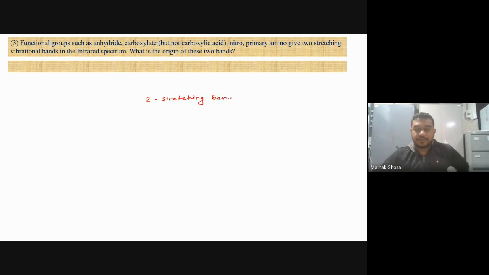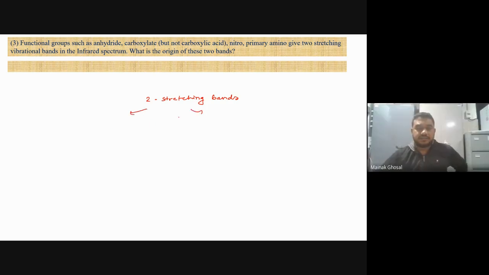What could be the origin? Symmetric and asymmetric. Exactly. Symmetric and asymmetric stretching. All of these will show two different types of stretching: one is symmetric stretching and the other is asymmetric stretching. It's a simple, straightforward question.